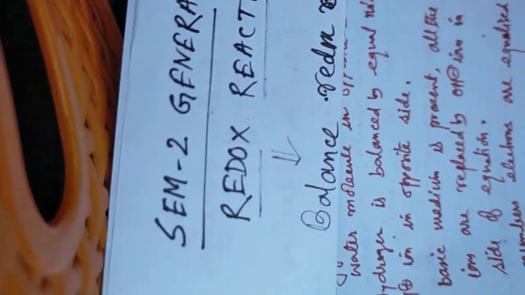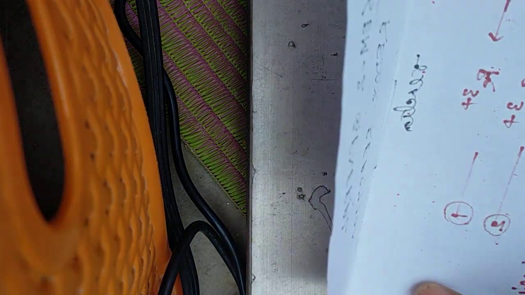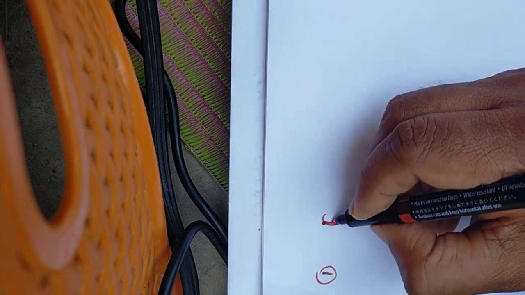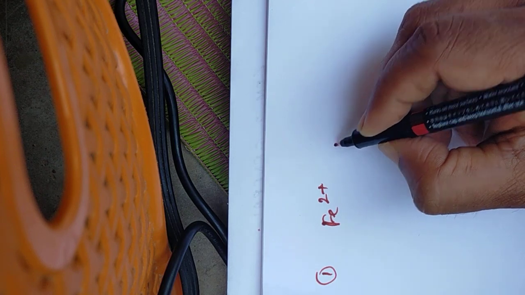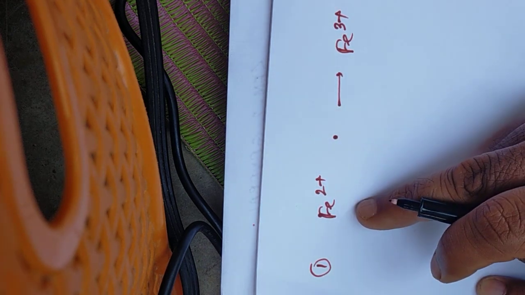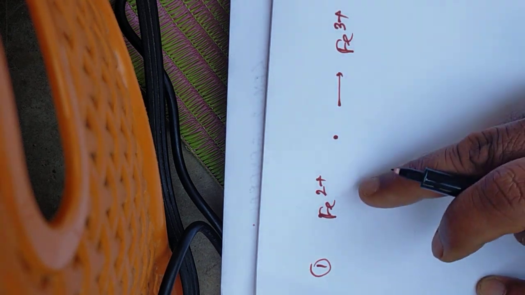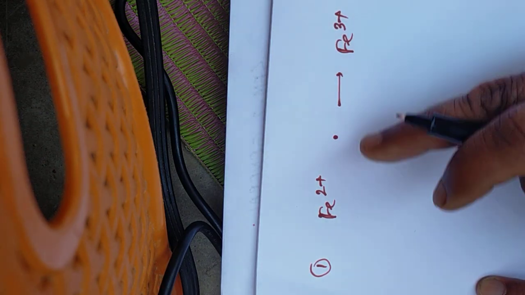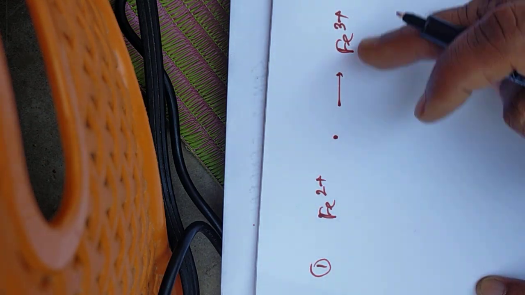Now if we start with equation 1, Fe2+ is converted into Fe3+. So here on both sides no oxygen atoms are there, so for the difference of oxygen atoms, this rule is not applicable.